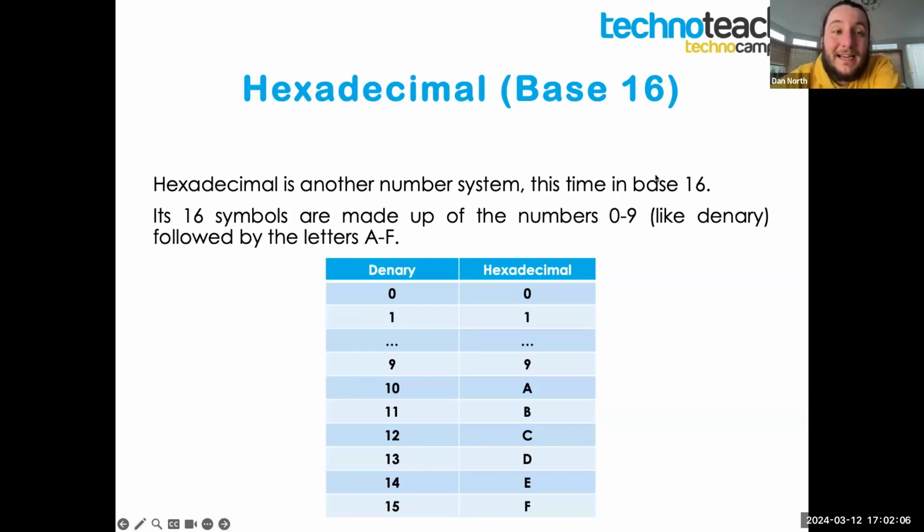The first 10 are made up of our usual number system, 0 to 9, and then we carry on with the letters A, B, C, D, E, F. Now, people immediately don't like this. It looks like algebra. It's not algebra. The symbols we're using just represent numbers in this system.